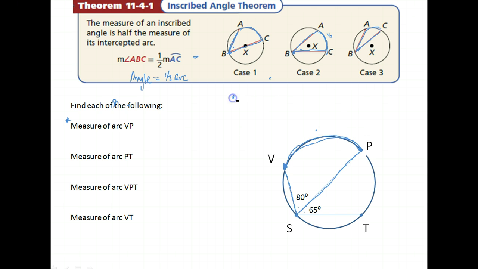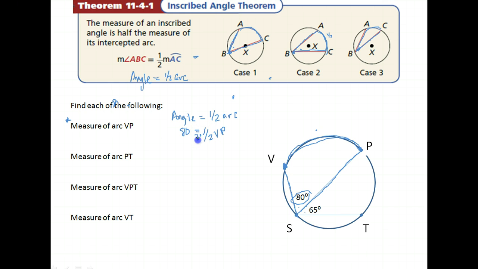Again, what I always memorize is that for inscribed angles, the angle is equal to half the measure of the arc. So what is my angle? My angle measure was 80. That's supposed to equal 1/2 of my arc VP. So what's VP going to have to be? Half of VP is 80.